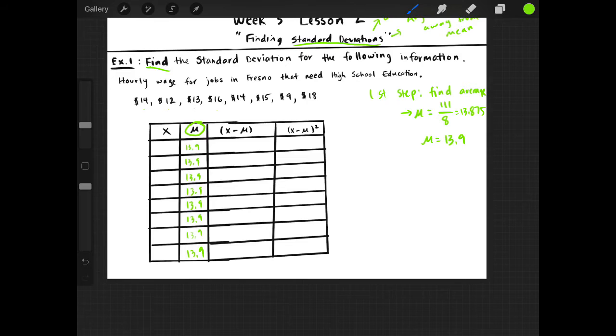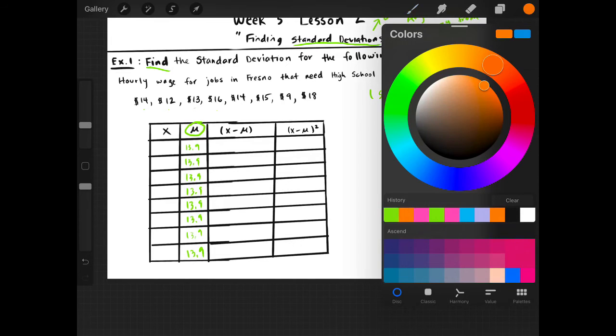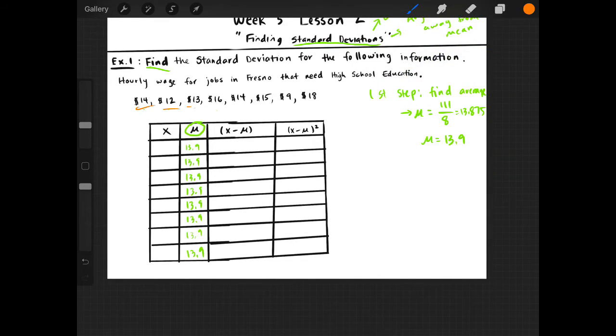The second thing we're going to do is, for the column labeled x, take all of our values and put them in there. You don't have to put these in order. You're just going to put each piece of data into this table, and notice how we can extend this table if we need to.